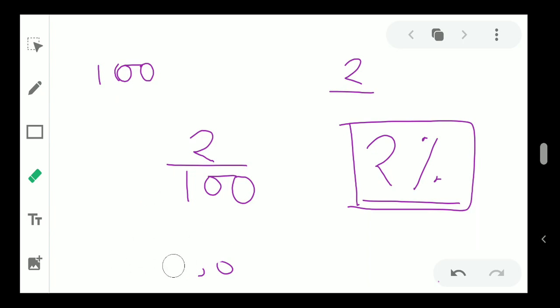I am just saying that if you compare something with 100, then you can write it as a percentage. Just like this, if I write 5 by 100, it will be 5%.